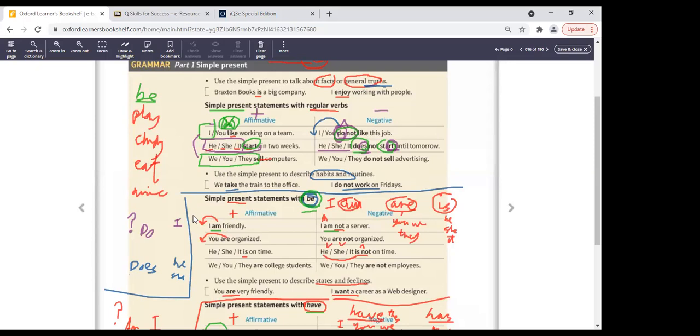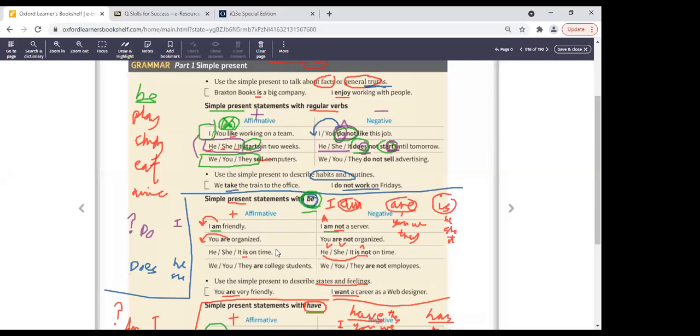Am comes with I, and are comes with you, we and they. Okay, nice. So with the verb be, we have am with I, are comes with you, we, and they, and is comes with he, she and it.